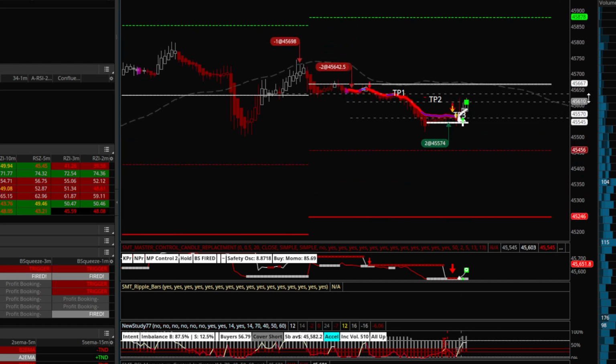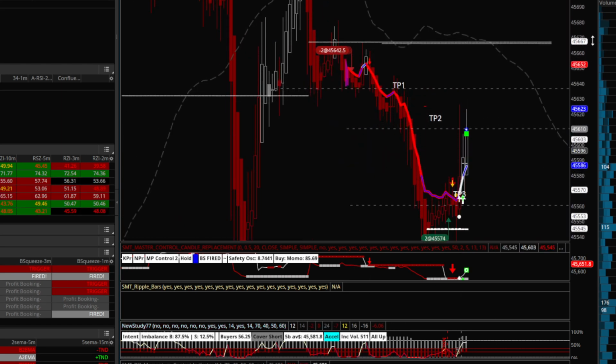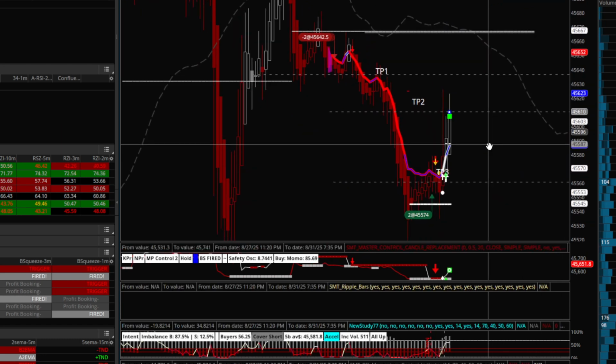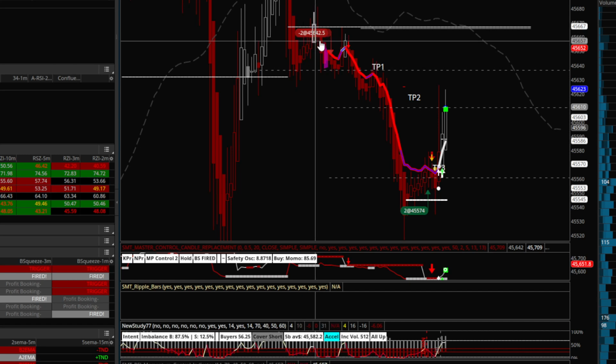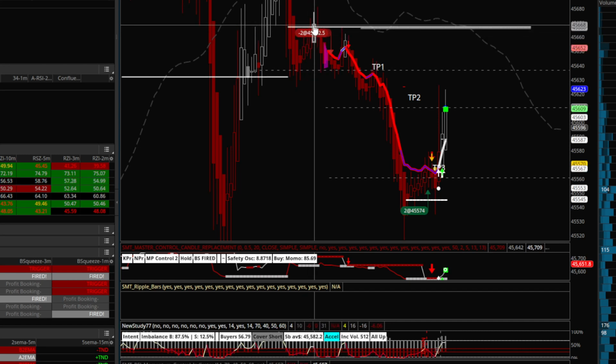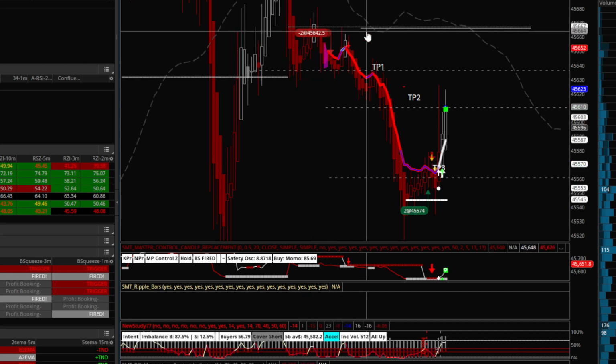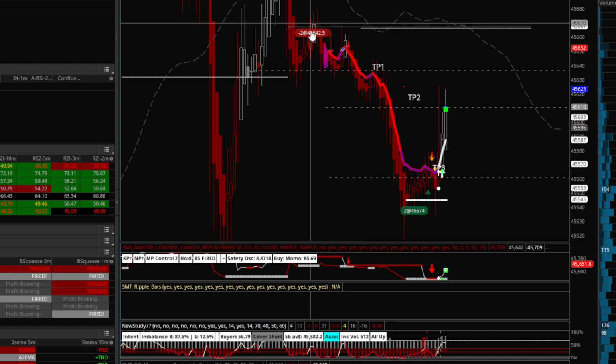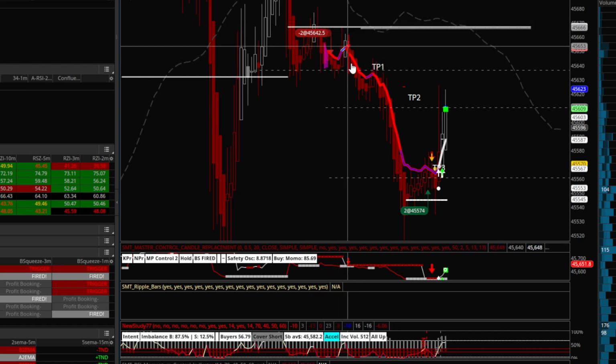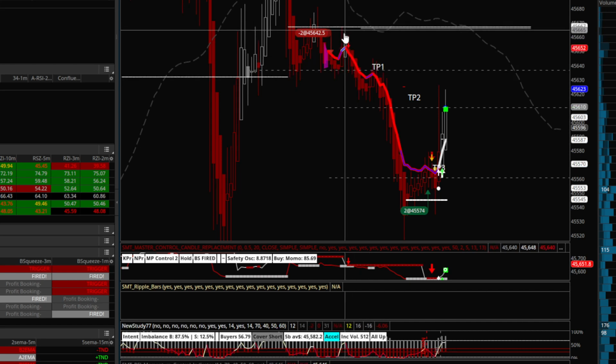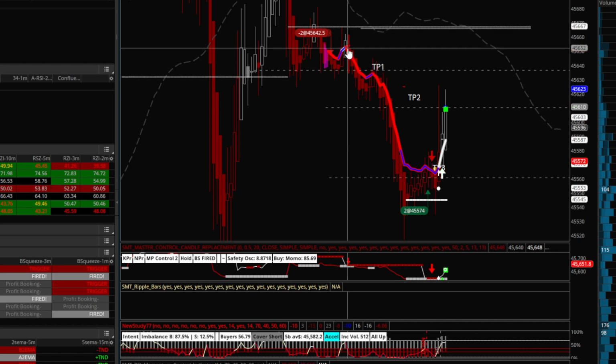So at that time these were the levels, and I marked them. We tagged current session open, prior session close, and started coming down. We came back for a retest. Once I got this retest, boom, you get your signal.